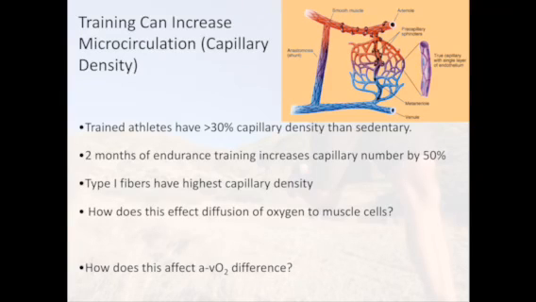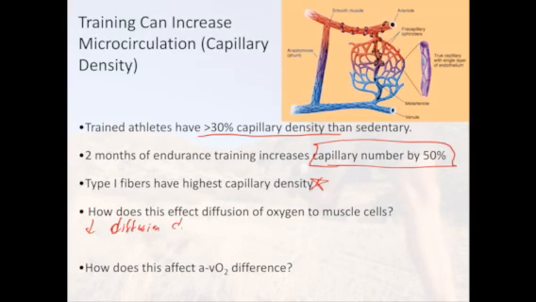Okay, so this is capillary density. Trained athletes have about 30% greater capillary density than sedentary people. Two months of endurance training can increase capillary number by 50%. Okay, type 1 fiber is definitely the highest density, and this affects diffusion because it decreases diffusion distance, so then increases the amount of O2 diffused.